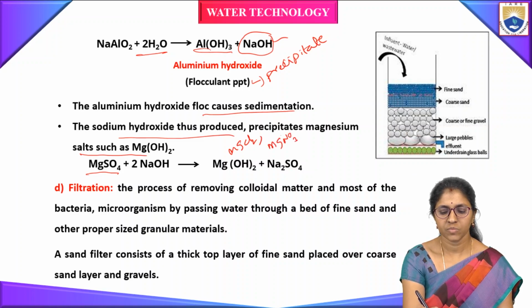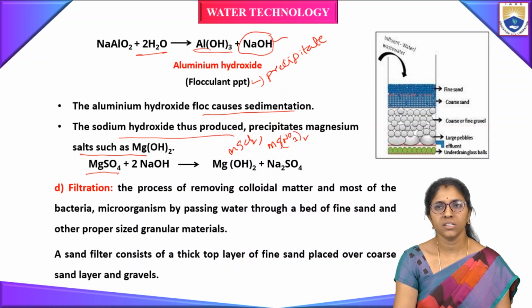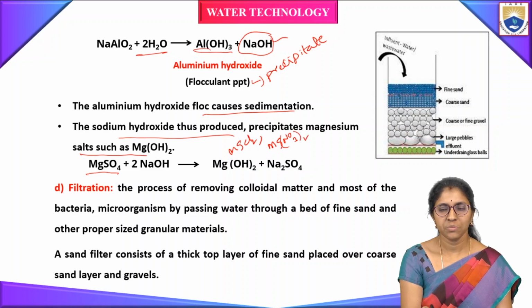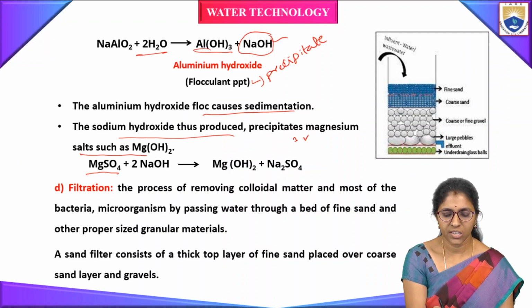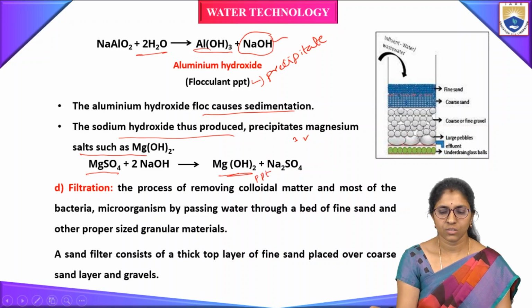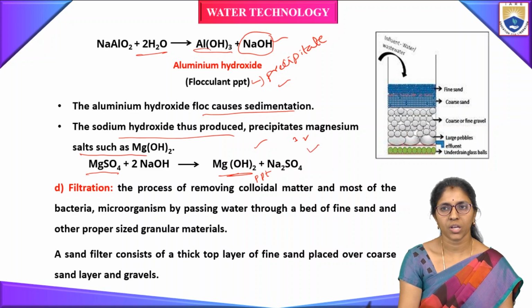So this forms magnesium hydroxide precipitate. Both precipitates settle down at the bottom, so we can remove them easily from the water. So this is about coagulation.